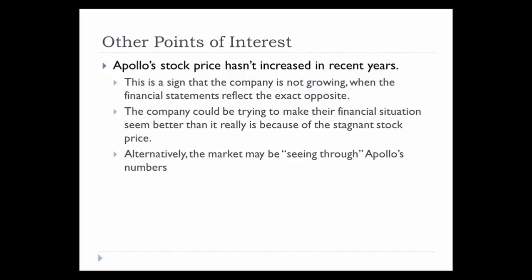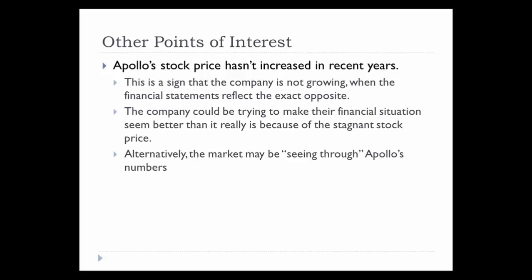The company could be trying to make the financial situation seem better than it really is because of the stagnant stock price. And so you would wonder, okay, is that why we don't see an increase in the allowance for doubtful accounts, right?